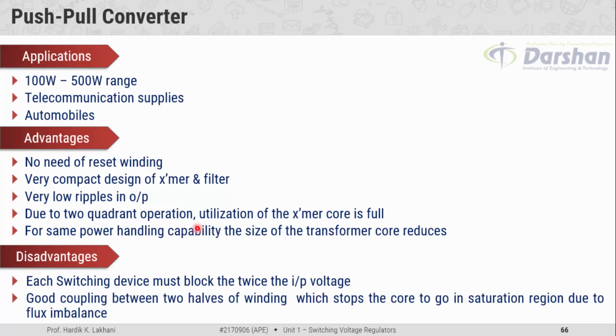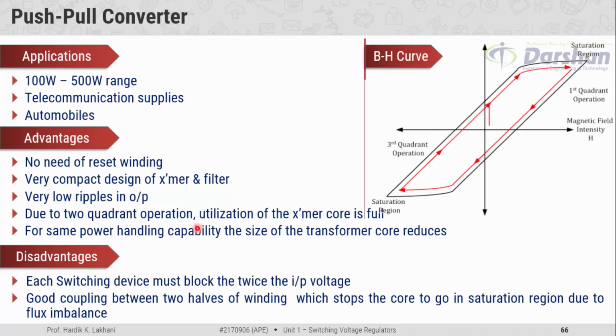Good coupling is needed between the two halves of the winding, which stops the core from going into the saturation region due to flux imbalance. It states that good coupling between the two halves of the winding, center tapping on the primary side as well as on the secondary side, should be as perfect as possible. Otherwise, what happens if there is any imbalance on primary or on secondary?